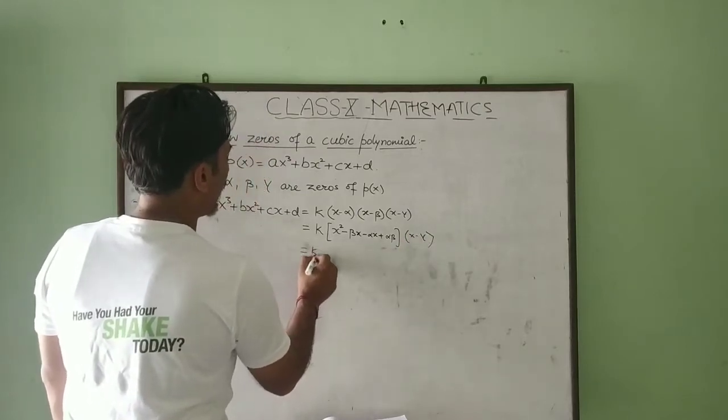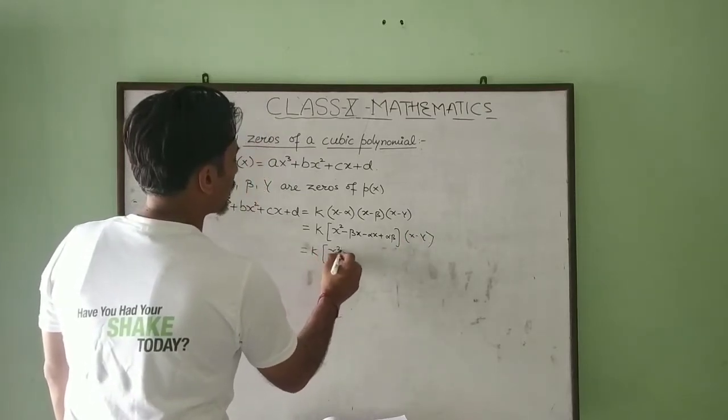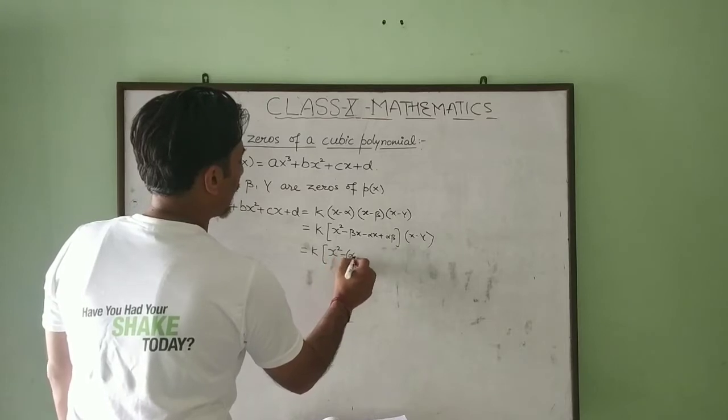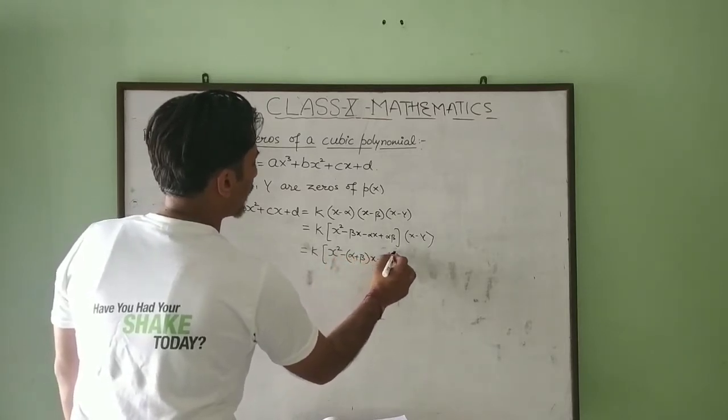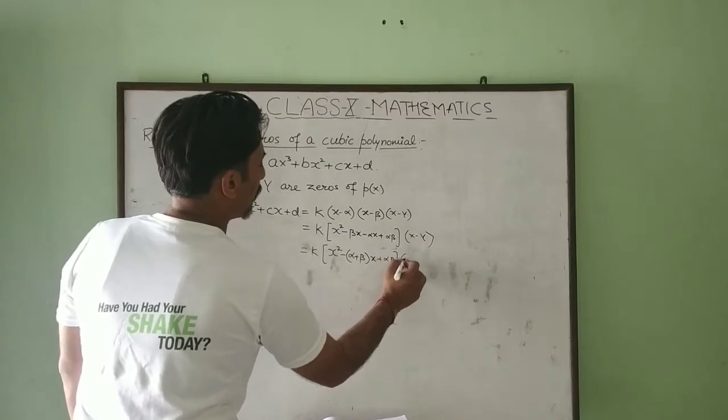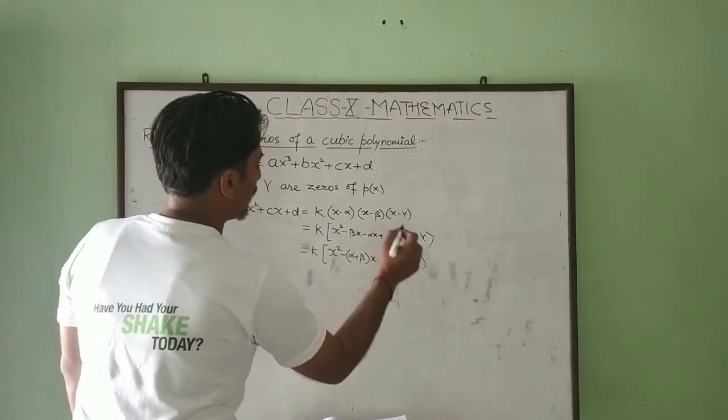Then you have k times (x square minus (alpha plus beta) x plus alpha beta) into (x minus gamma).